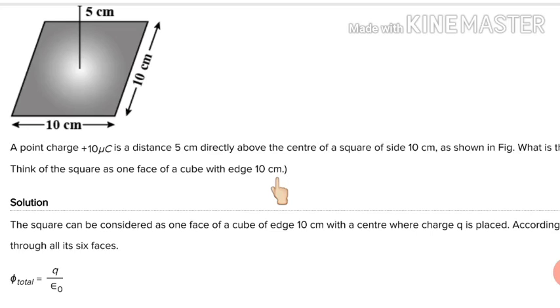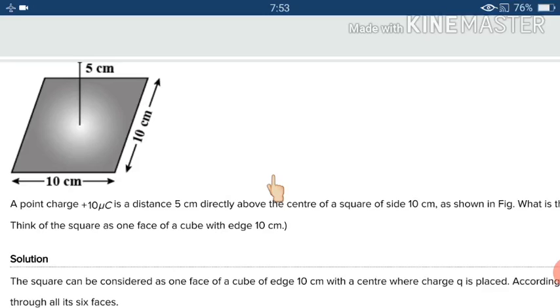Actually, they have given us the charge and they just want us to calculate the electric flux. Now by Gauss law we know the relation that phi is equal to Q upon epsilon naught, and whenever we talk about Gauss law we always talk about a Gaussian surface. So as per the hint, think of the square as one of the faces of a cube with edge 10 cm.